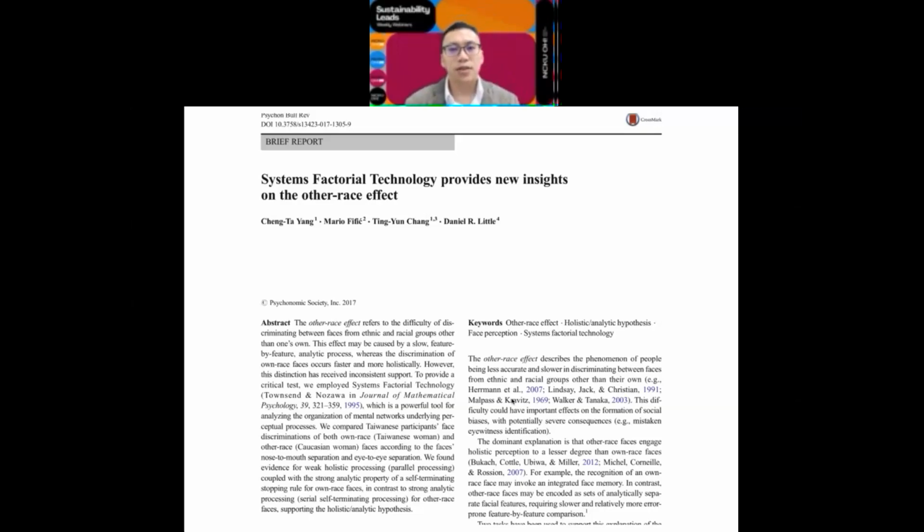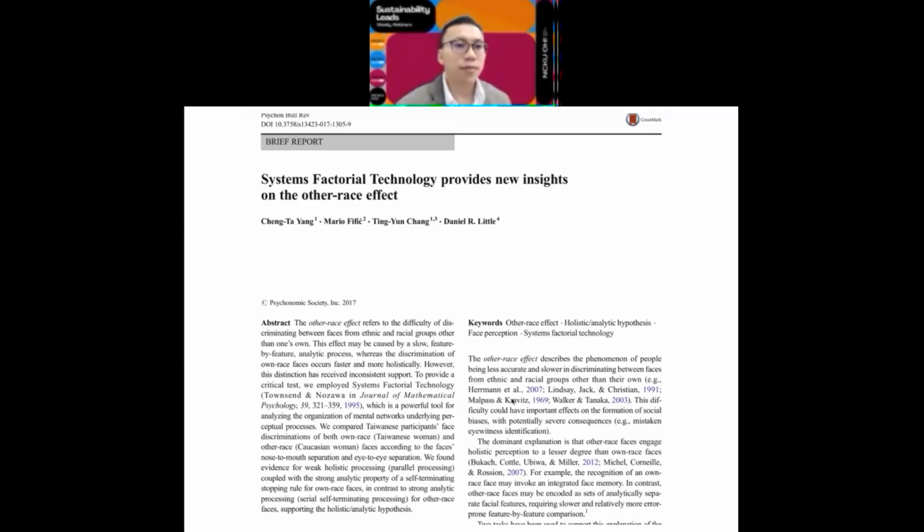And this kind of individual differences may also be associated with cultural differences. So in one of my studies, we applied SFT to study face perception, especially the cross-culture effect on face perception. You can see there is an effect here, the so-called other race effect, right?